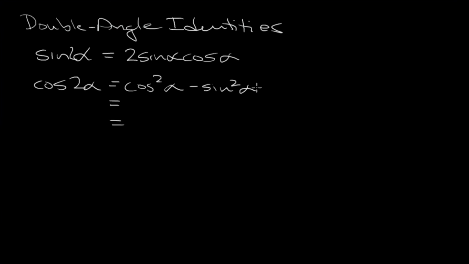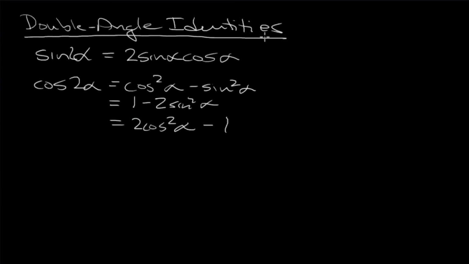Generally, this is not the best one to use because oftentimes you don't know both the cosine and the sine. You only are given one of them. And so if you were given sine, you'd use the 1 minus 2 sine squared of alpha. And if you're given cosine, you'd use the 2 cosine squared of alpha minus 1. So those are the double angle identities for sine and cosine.